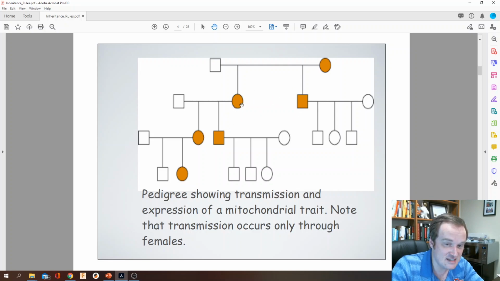And then in this case, the female passes it down, so the grandchild of that original person has it, and she has an offspring, and the daughter has it. However, you'll notice that in this generation the son does not pass it down, and in this generation the son does not pass it down, because that disease is only inherited from your mom.